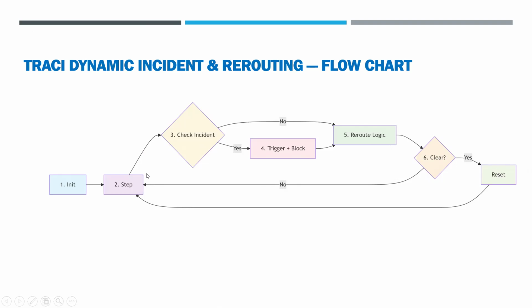First is initialization, second is step running, third is incident check, fourth is trigger incident and blocking by the breakdown vehicle. Fifth is our reroute logic. Sixth is checking whether the road is clear or not, and seventh is reset. This will again go through the circulation of the code.